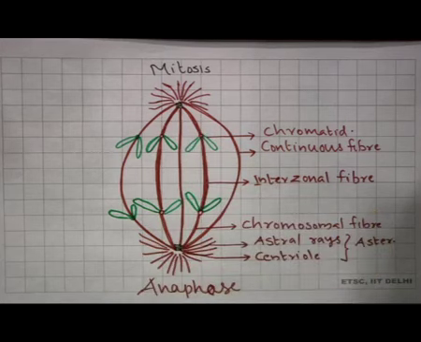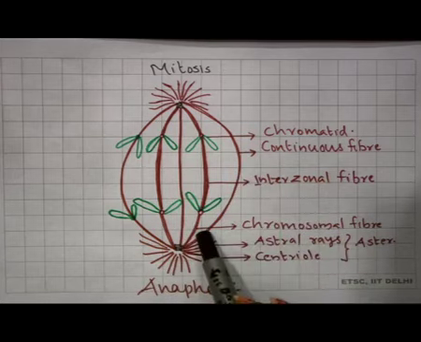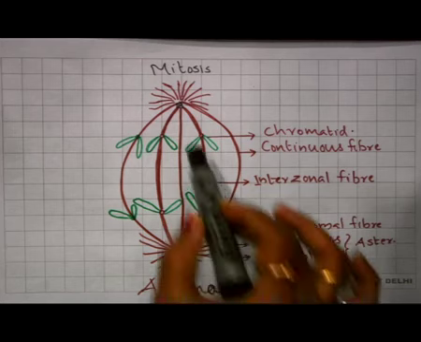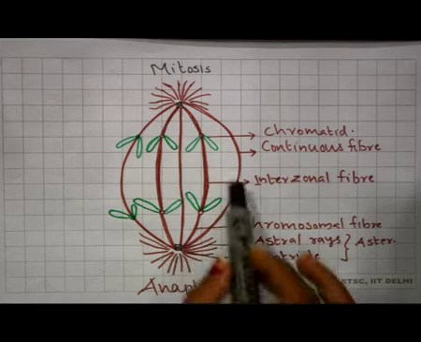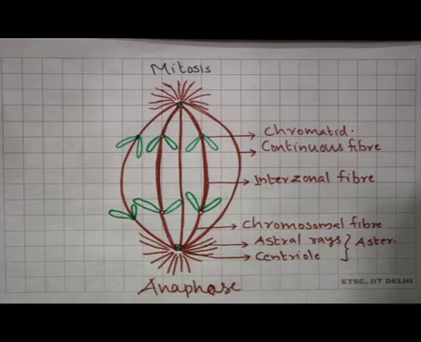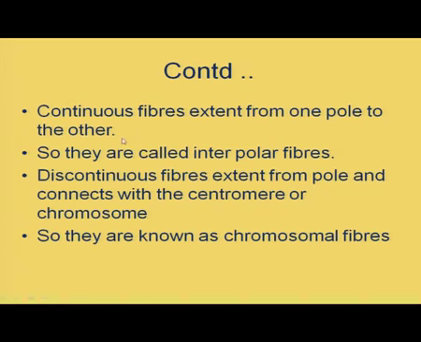And the third one is the continuous fibers, moving from one pole to the other, one centriole to the other, continuously without attaching to the centromere of these chromosomes. So, continuous fibers extend from one pole to the other.